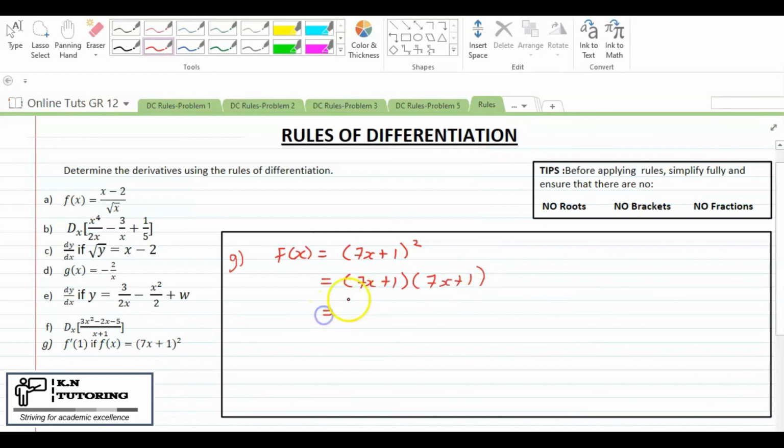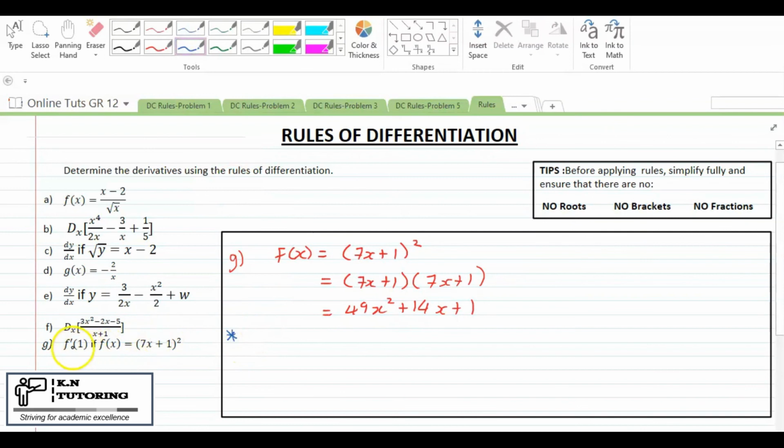If I simplify this, I will get 49x² + 14x + 1. Now everything is in simplified form. I've got no roots, no brackets, and no fractions. I start applying my rules of differentiation.